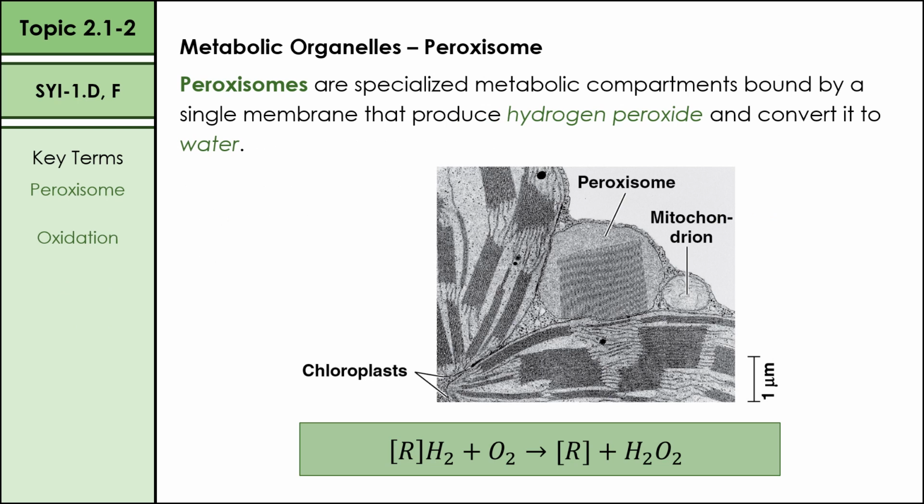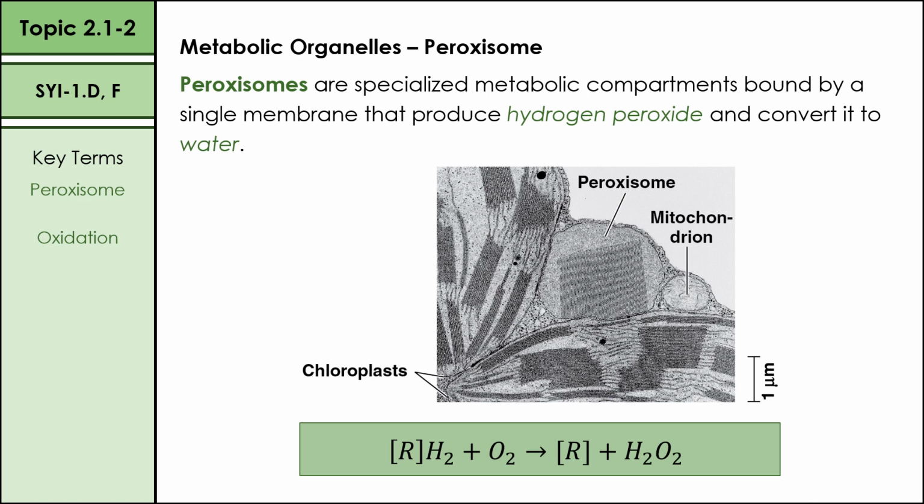Lastly, we are going to highlight a lesser known metabolic organelle, the peroxisomes. Peroxisomes are primarily used for oxidation reactions in which they produce hydrogen peroxide and can convert it to water.